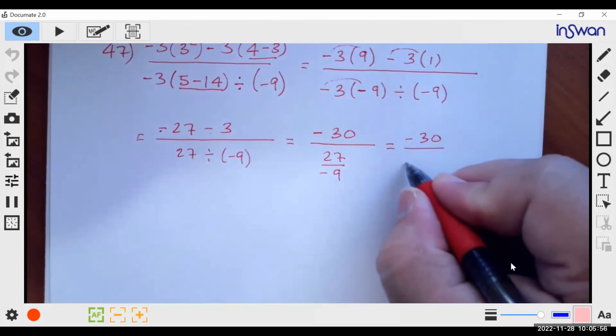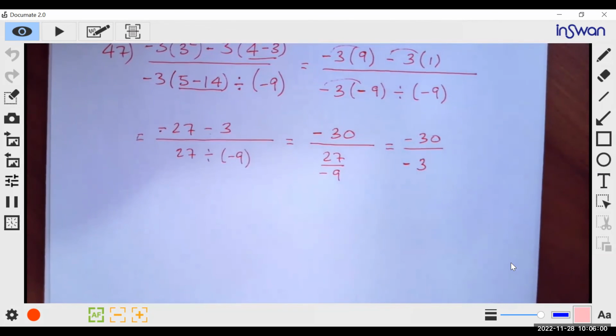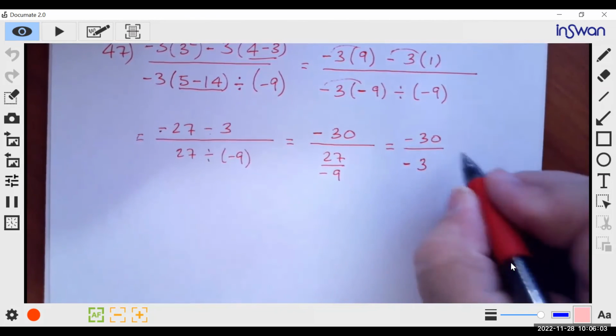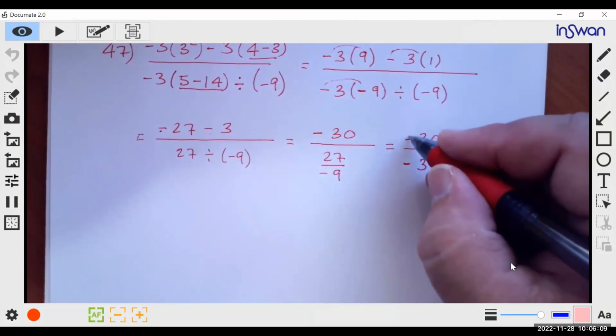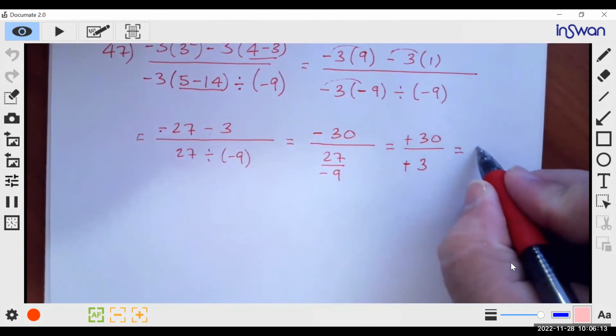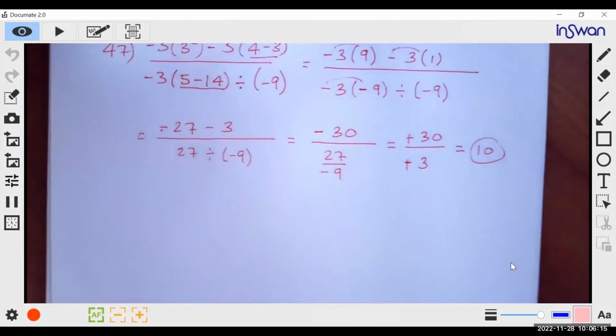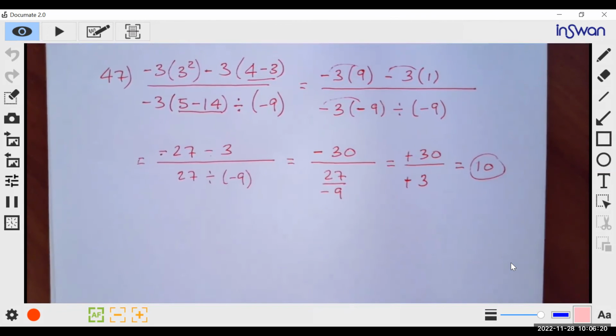So the bottom is going to be negative. 27 divided by 9 is 3. Top and bottom are negative, so they cancel. 30 divided by 3 is 10. So treat the top and bottom separately until the very end, and then put them together.